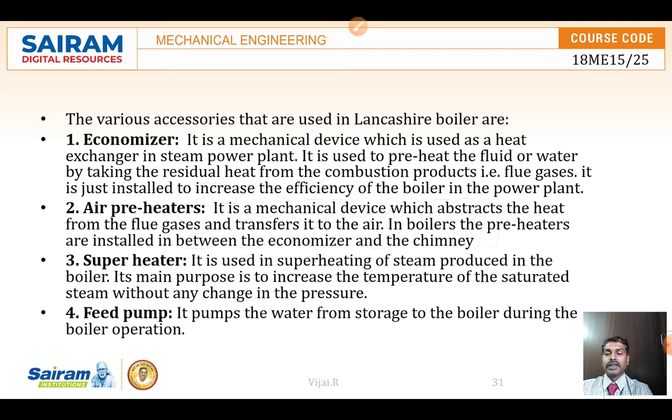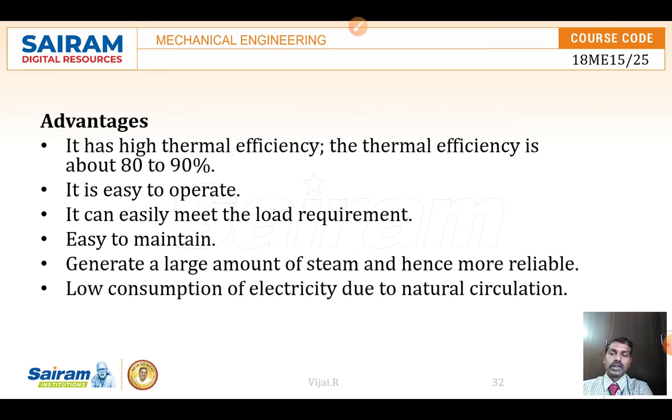The air preheater is helpful for preheating the air which is used for burning the fuel. The superheaters are used to increase the temperature of the steam once it is produced, which helps in power generation and rotation of the turbine, so there is a huge improvement in efficiency. These are all the accessories used in the Lancashire boiler.